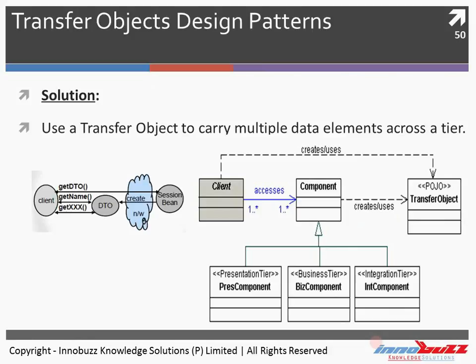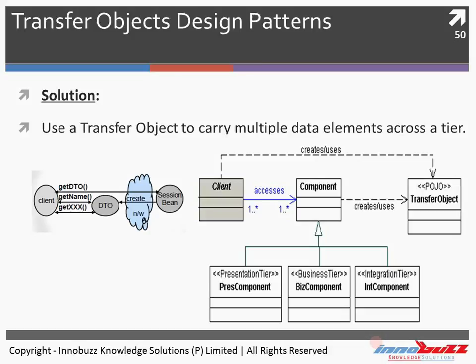Here, the object is nothing but a Java class which will have your getter and setter methods, and it will just implement Serializable for transferring the data over the network. That object will have all your data, for example name, city, state for a particular client. Within that object you can set all those data and send that single object over the network instead of multiple data.